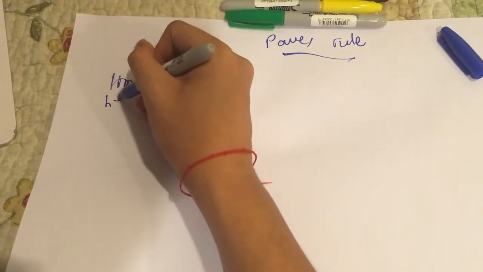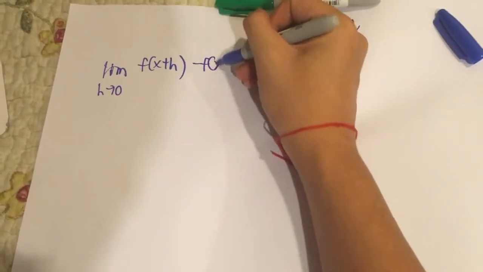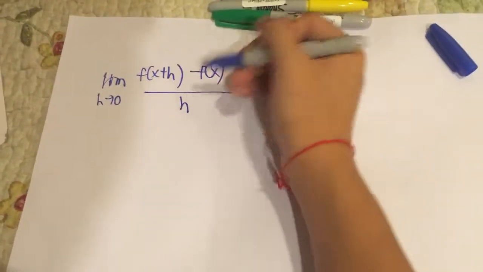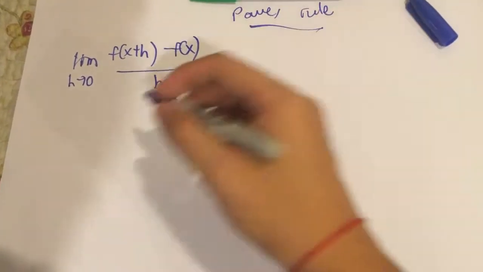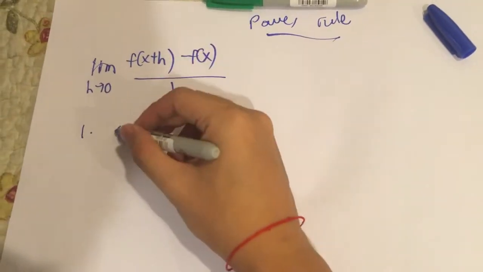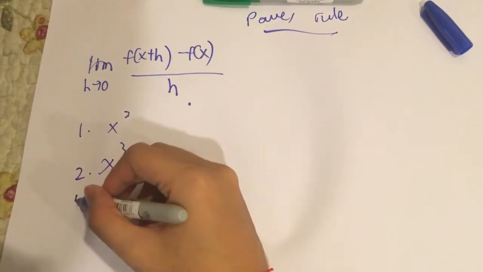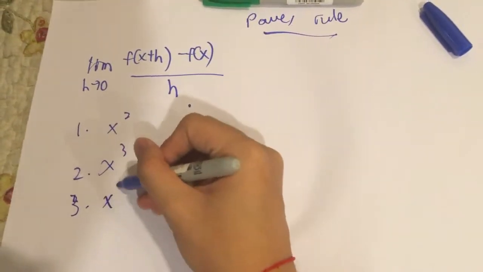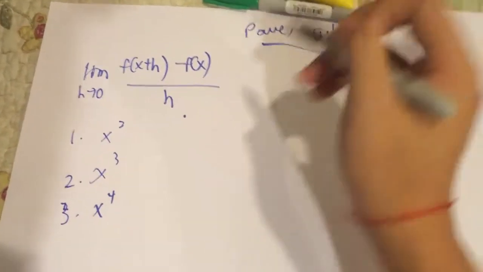Remember that the formula was the limit of f of x plus h minus f of x, all over h, which was our formula for getting the gradient. Let's try it for x squared, x cubed, and x to the fourth power.